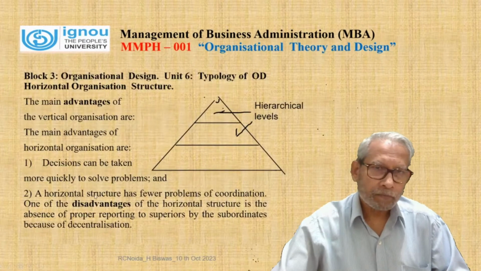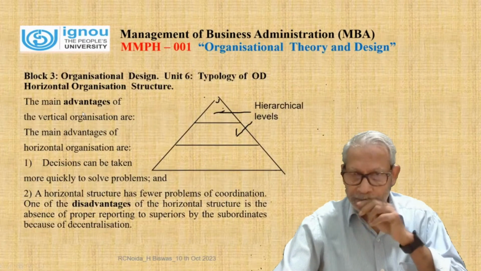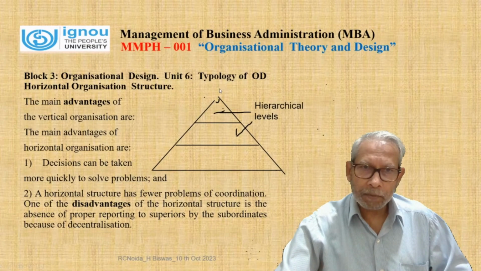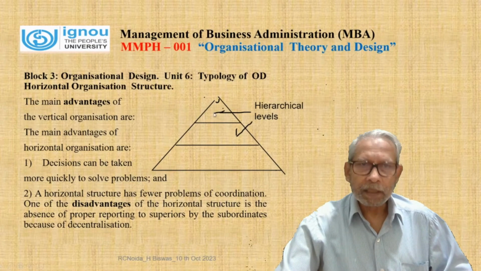See the diagram. Here you see the levels are very few compared to the vertical, where we have seen maybe 7 or 8. Now here you see only 1 to 3 tiers.